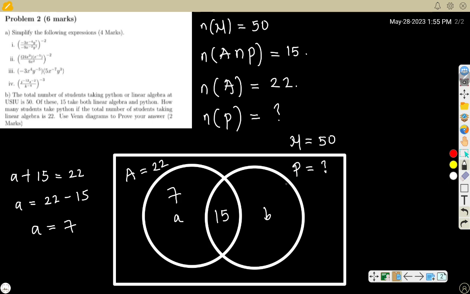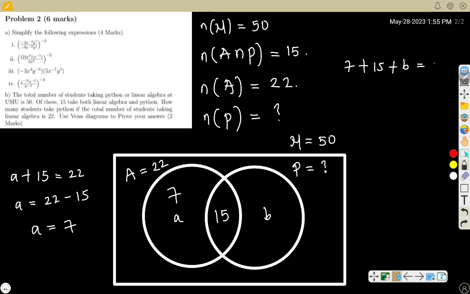So now we need to find the total number of everything in this circle, which must be the universal. So that means we know A to be 7 now. So it will be 7 plus 15 plus B. So everything must be equal to the universal 50.